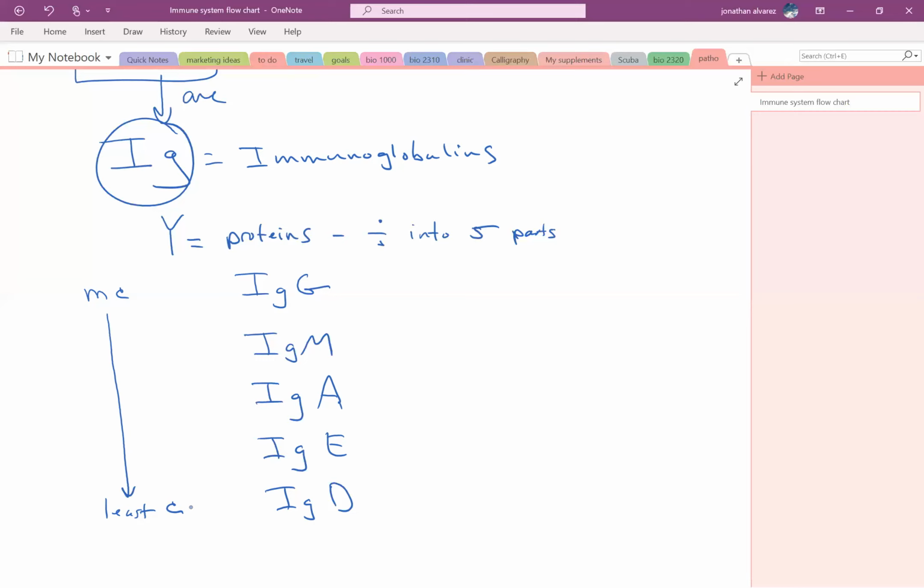A common test that I'm ordering like crazy is the COVID test. There are a bunch of ways, but of the 3 being used right now, you do not have to write this down. This is just a rabbit trail clinical thing.